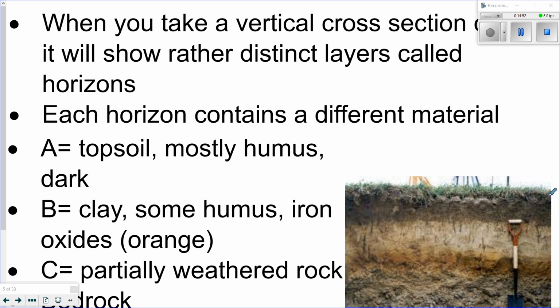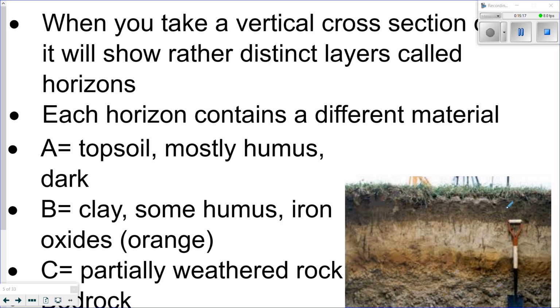And if you notice, up at the top is a little bit darker soil, that's where we have the grass. Underneath it is a lighter color, has a little bit of an orange tint to it, but not super orange. Underneath that, it is more orange. And then underneath that, you have more like rocks and boulders that we come across.